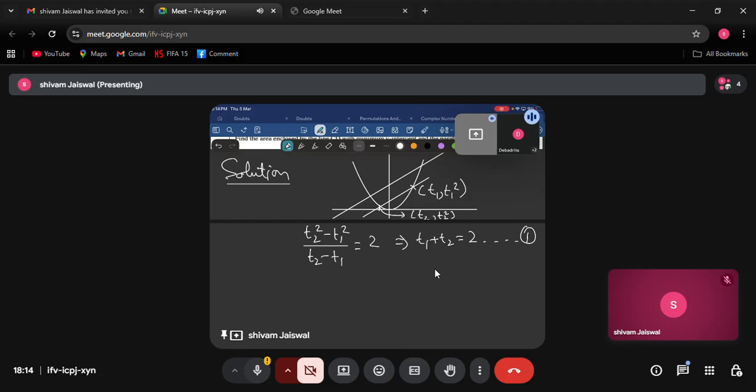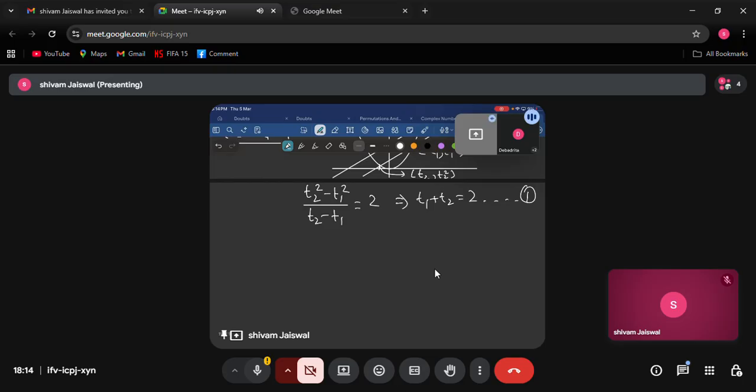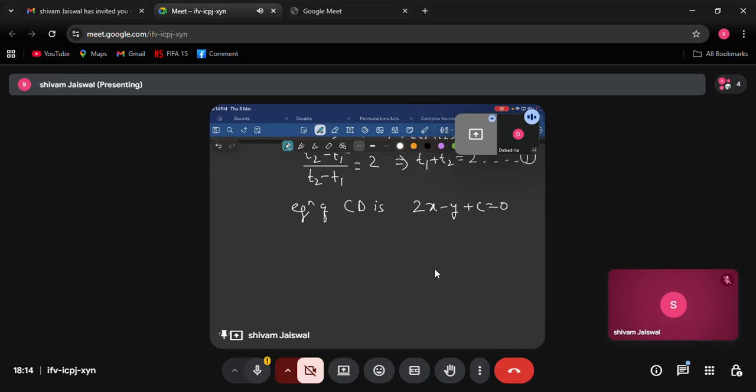Next, I'll find out the value of T1. The equation of CD is 2x minus y plus c equal to 0. I'll solve this with y equal to x square.